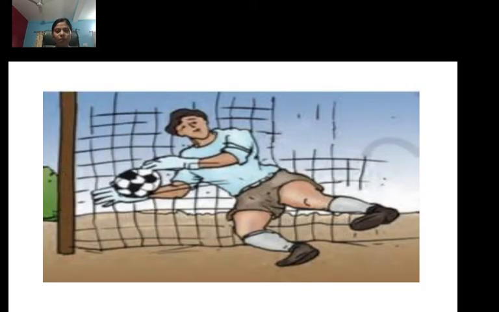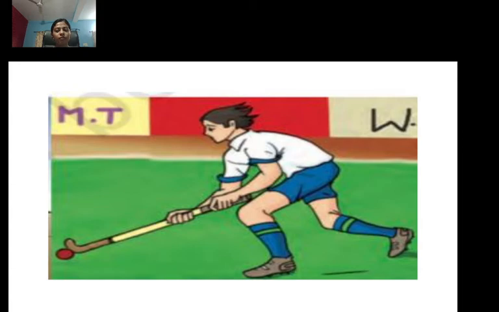Now observe this image. What is this boy doing, student? A boy is stopping the ball from reaching the goal post. Yes, the boy is stopping the ball. In this image, the boy is playing hockey.